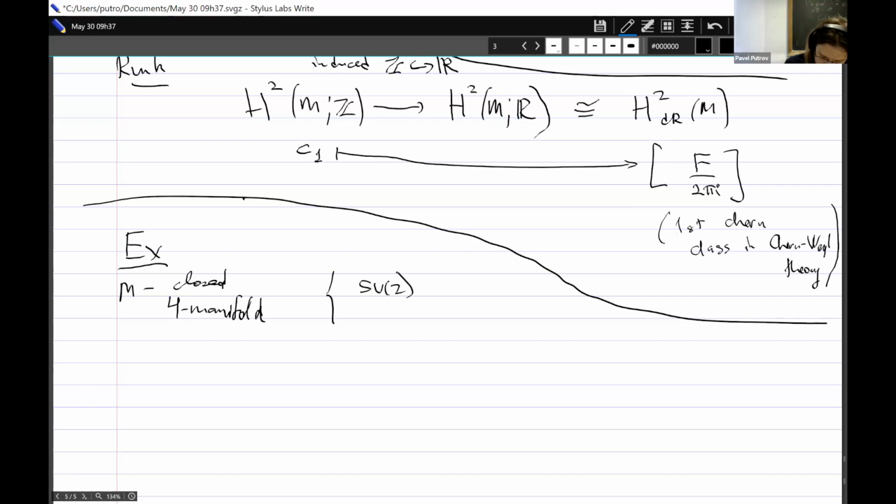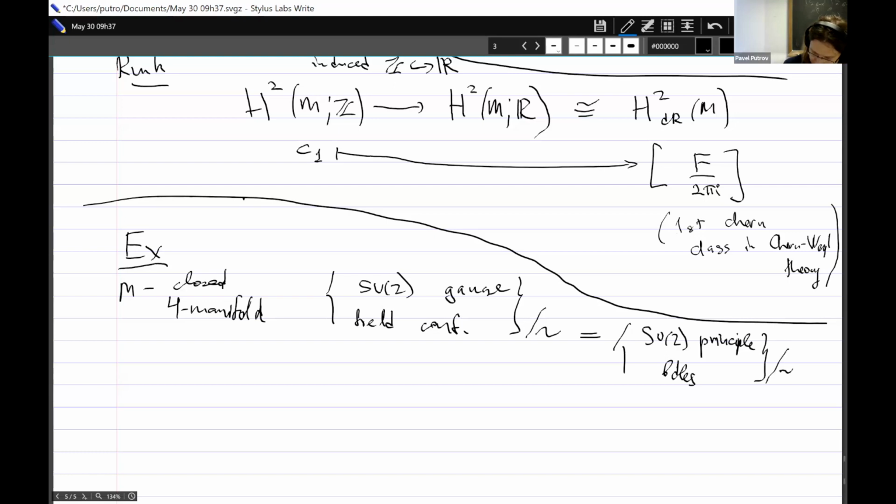We can ask the question about SU2 gauge field configurations modulo equivalence, and this is again the same as SU2 principal bundles modulo isomorphism. And similarly, we can consider A as an SU2 gauge field, which is a one form on M with coefficients in the su2 Lie algebra.